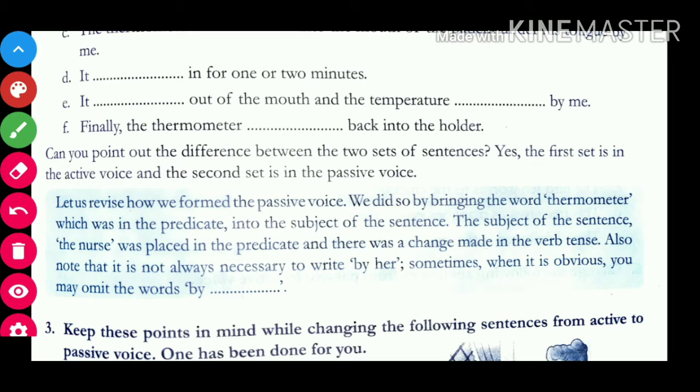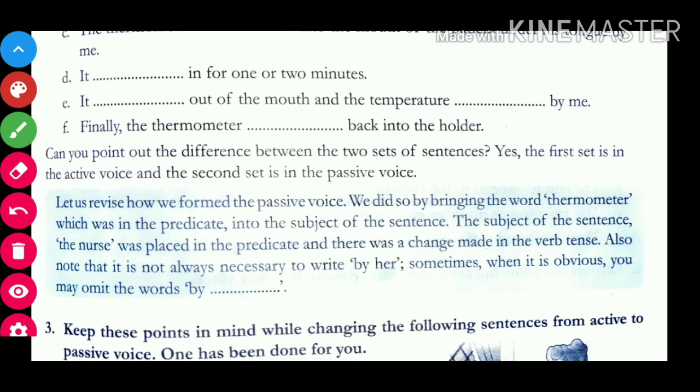That means 3 changes हुए. Subject active voice में जो हमारा subject है, that went into predicate, and the predicate in active sentence went into subject in passive voice, and there was a change of verb, wherein in simple tense it changed into was with V3 form of verb, and we added the word by. Okay, these were the changes.